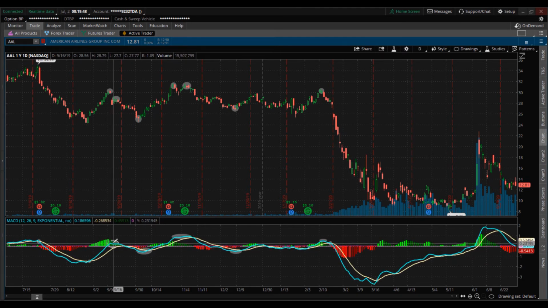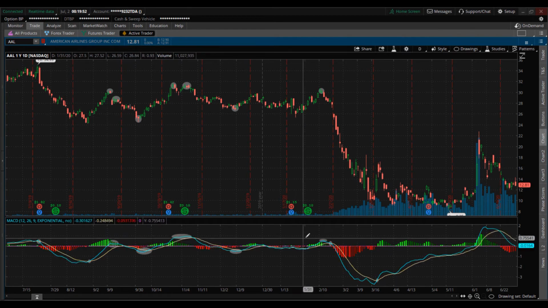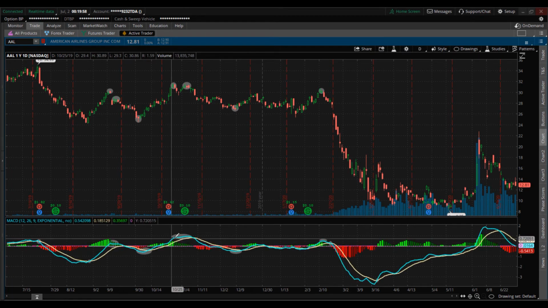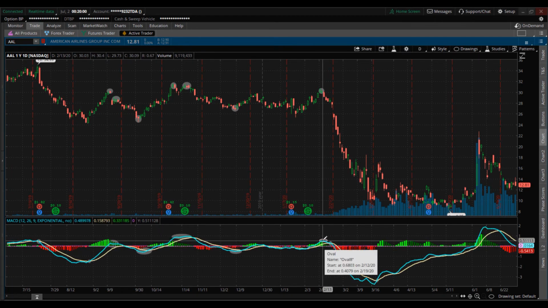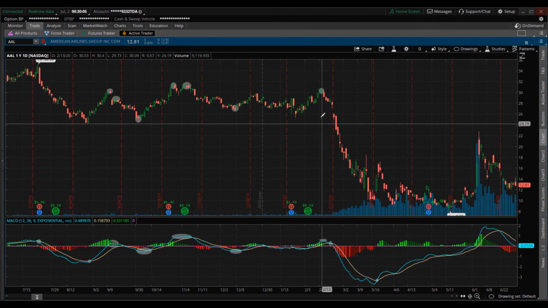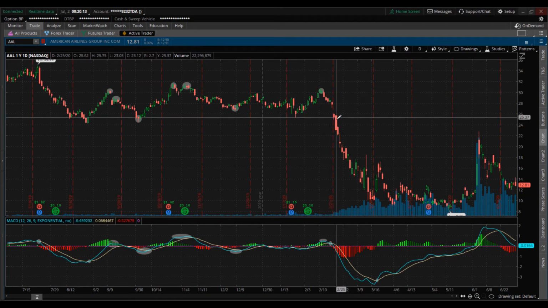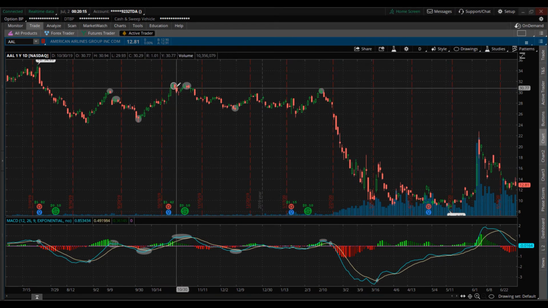In this case, here is a peak, here is a peak, and here is one more peak. And as you can see at these 3 peaks right around here, there is a corresponding area up above where the price has essentially topped out and soon after follows a downtrend. Same thing over here.